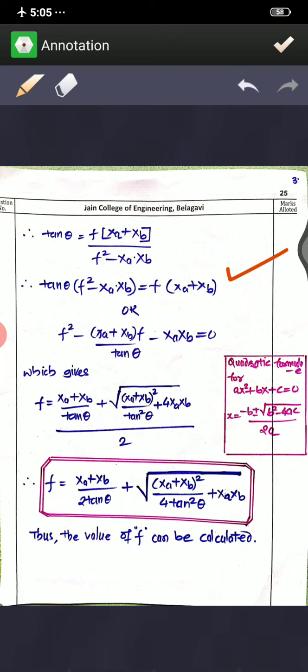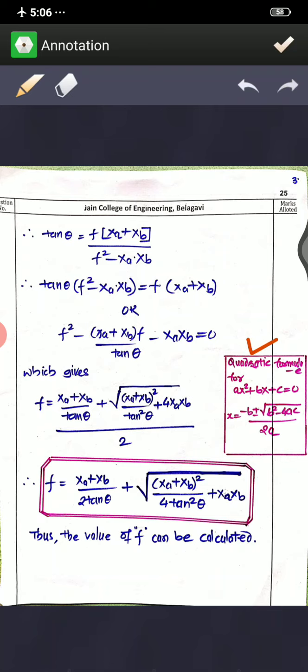Or I can write that in this fashion also: f square minus xa plus xb into f divided by tan theta minus xa xb. It means that I am converting this whole equation into a quadratic equation, that is ax square plus bx plus c equal to 0. In that form you have to get this equation.